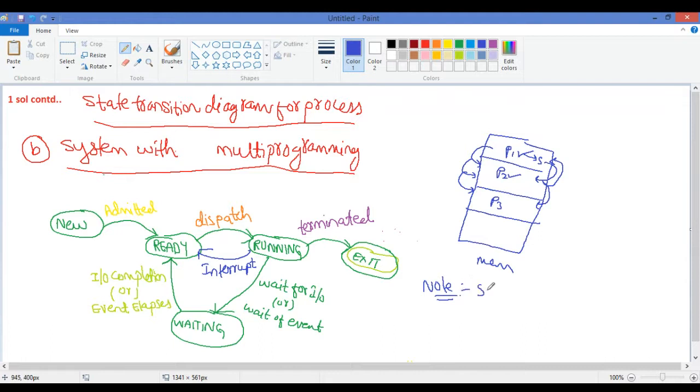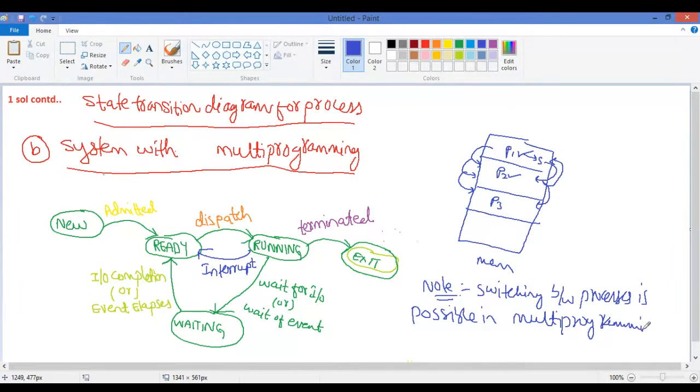Switching between processes is possible in multi-programming.